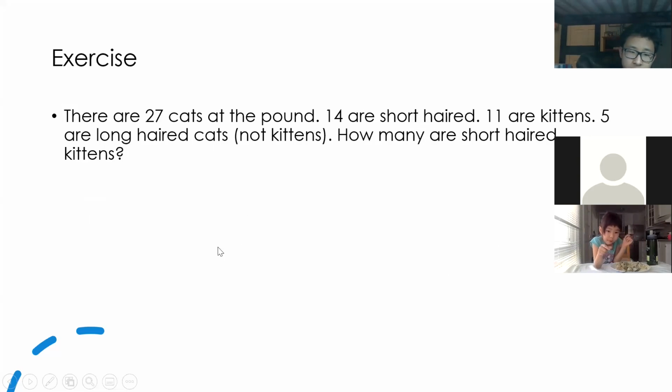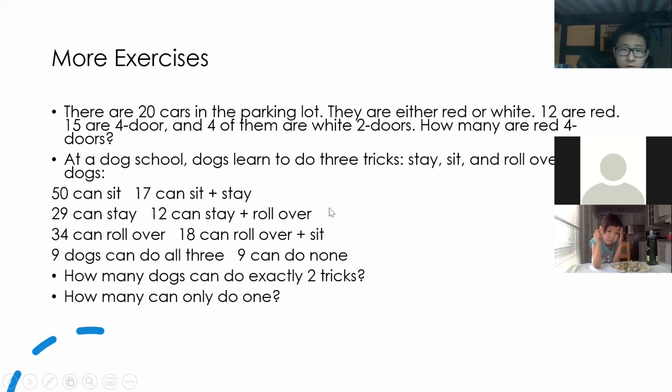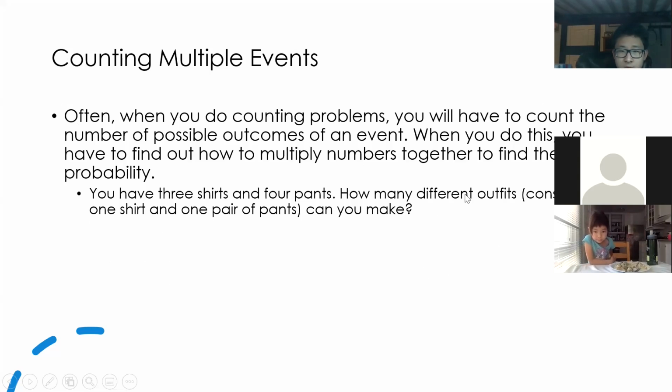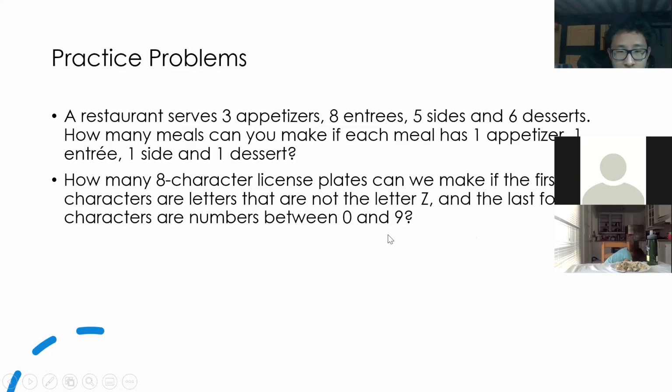We used Venn diagrams to sort everything. We found out how to multiply stuff together to find the number of possibilities for a problem. That's all I think we covered in the last week.